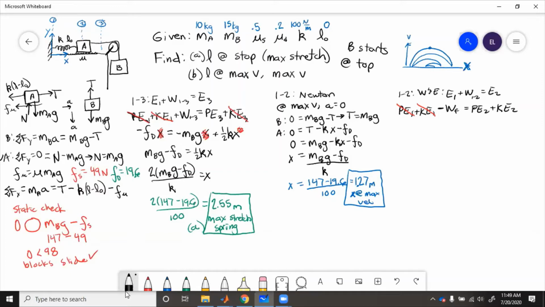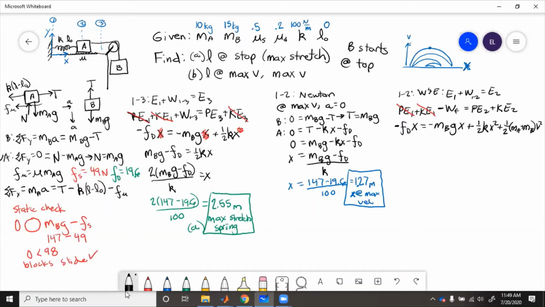So negative friction force times the distance equals negative mb times g times that distance plus spring energy 1/2 k x squared plus kinetic energy 1/2 (ma plus mb), because they're both moving, v squared.